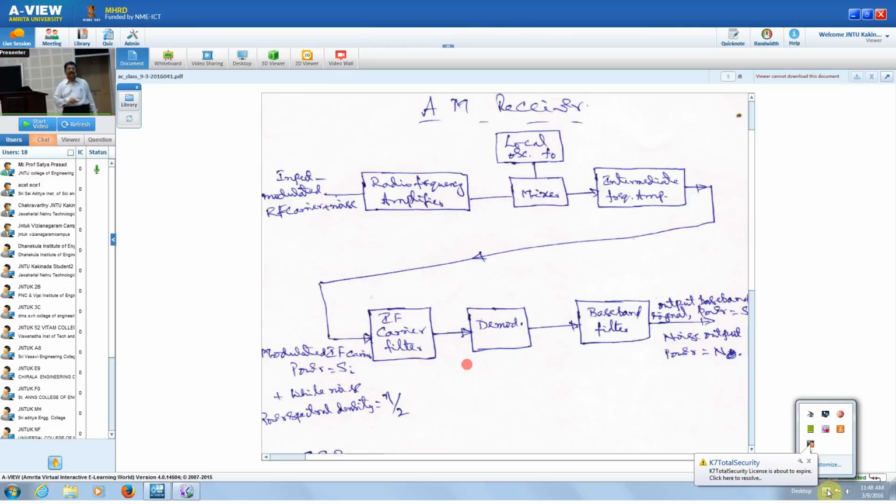One thing is, if you have a DSBSC and SSB, you should have another synchronous generator here, so that you can give it to your demodulator. Whereas, if you have an AM signal present here, a simple envelope detector or square law detector is enough to give you the required output. Whereas with SSB and DSB, you require a coherent signal, so that the demodulation with cos 2 pi FCt or 2 pi FIFt has to be exactly the same coherent signal.